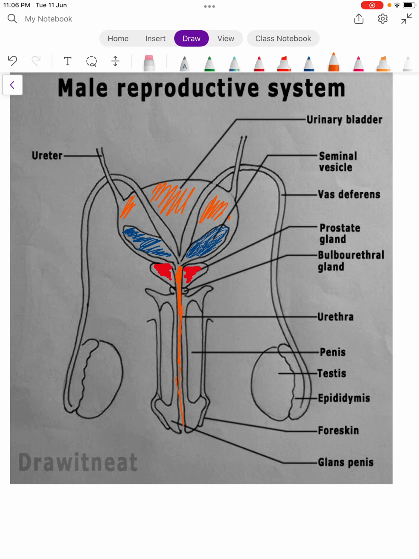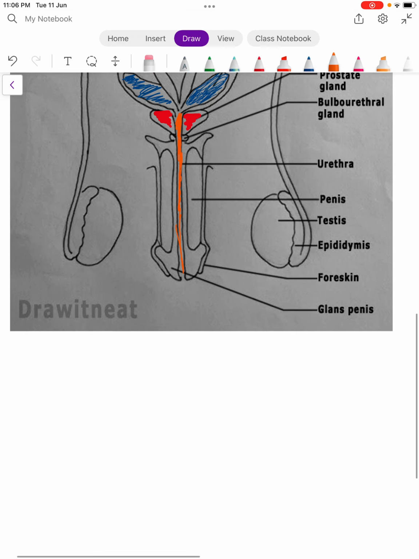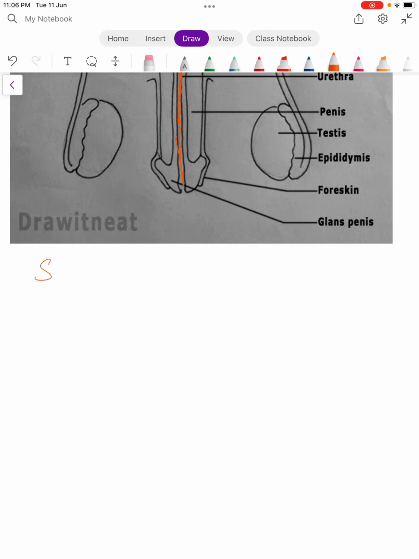Okay, so the next and last term in this is semen. So what is semen? It is a viscous fluid which is ejaculated by the male during sexual intercourse. It is slightly alkaline, as we discussed earlier, that the basic character of semen is due to the secretion of the prostate gland. It contains fructose, calcium, and many other enzymes.